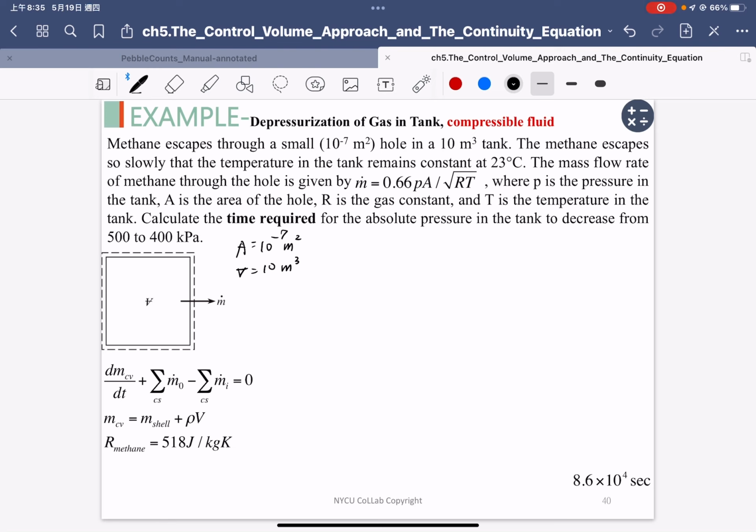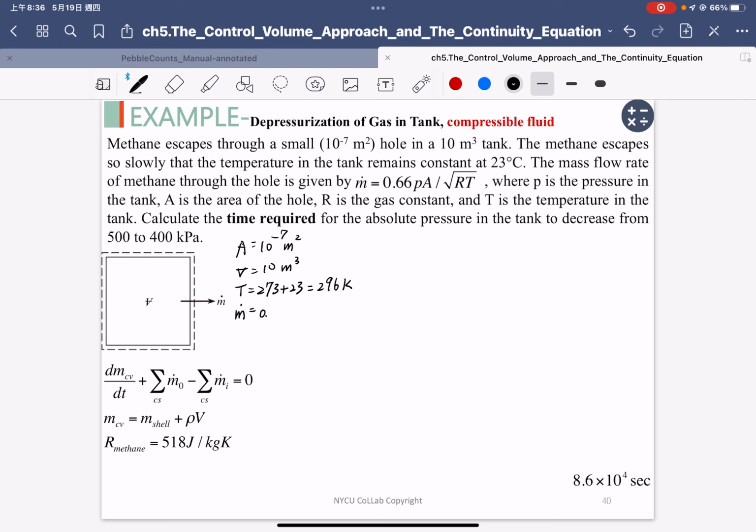So we have the temperature, and we convert the unit from degrees Celsius to Kelvin. So here it is 273 plus 23 degrees. So that will be 296 Kelvin.